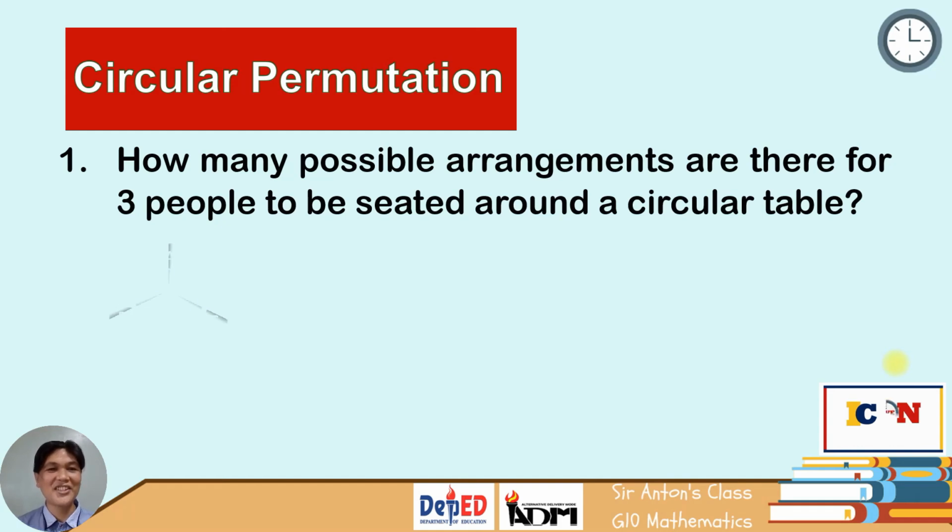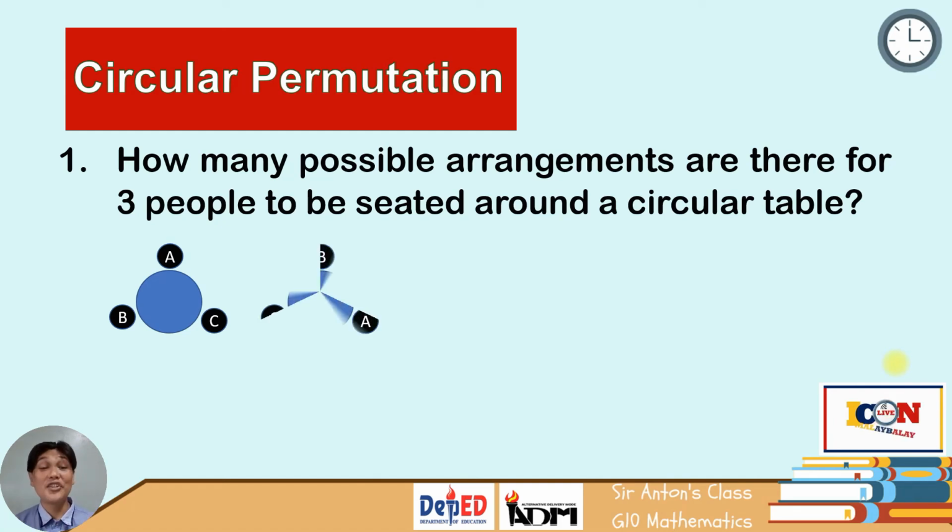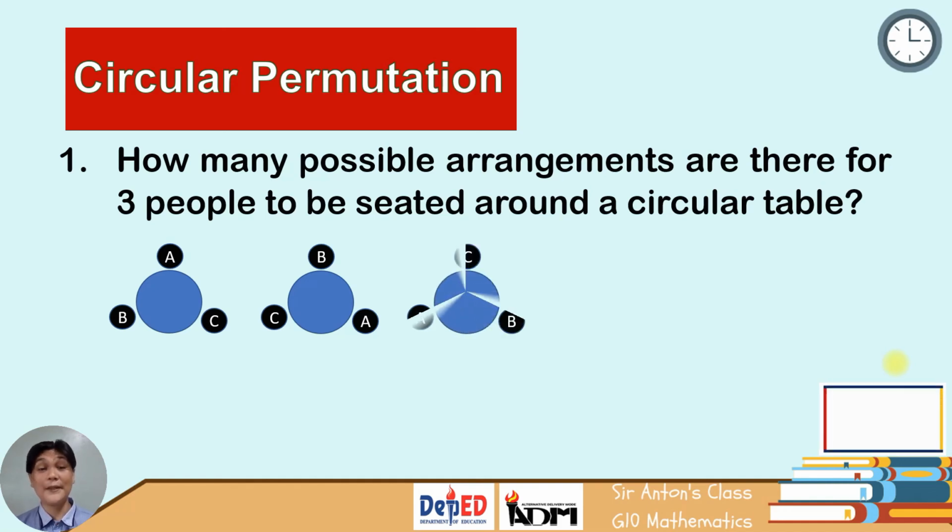So let's arrange. So of course, we have a blue table and 3 persons sitting there, A, B, C. Second arrangement, so we can put B on top, and then A will be on the right and C will be on the left. And another arrangement, C could be on top, right? And then B on the right, A on the left.